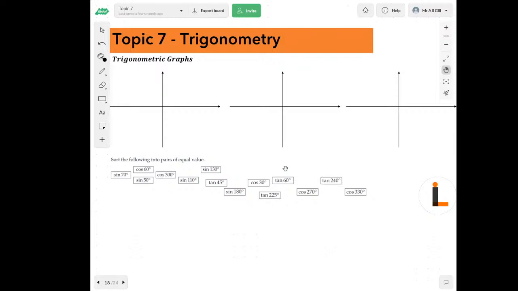We could have sine 72 degrees would be equal to sine of 180 minus 72 degrees, which would be sine of 108 degrees.